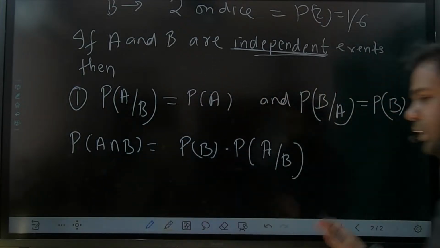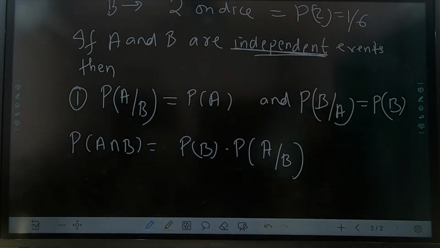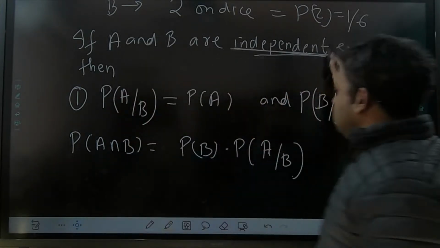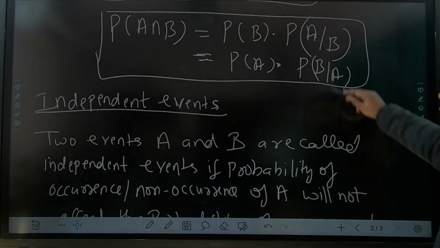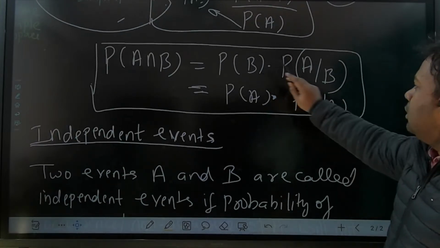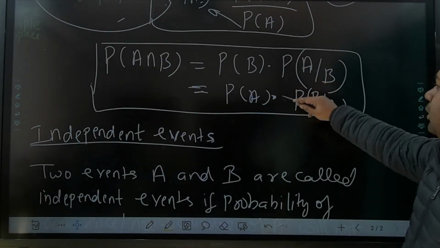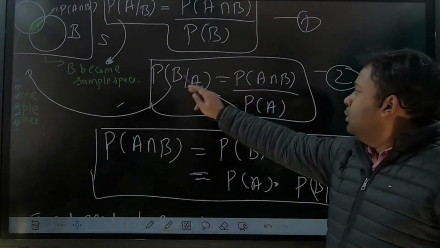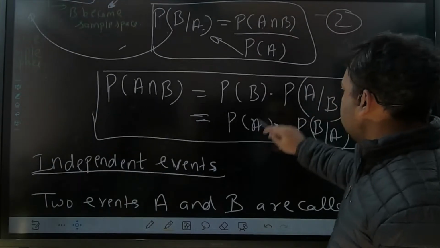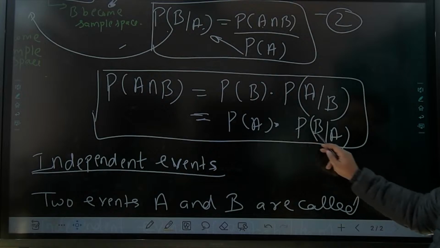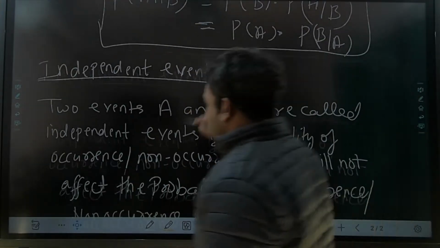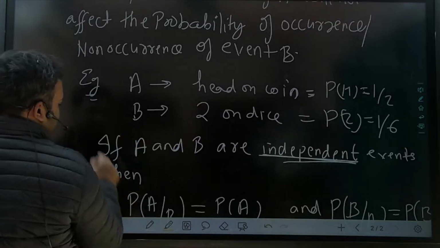This we have studied right now in conditional probability. And we have also seen this other one: it is also equal to the probability of A multiplied with the probability of B when A has happened. So these were the expressions for the probability of A intersection B.